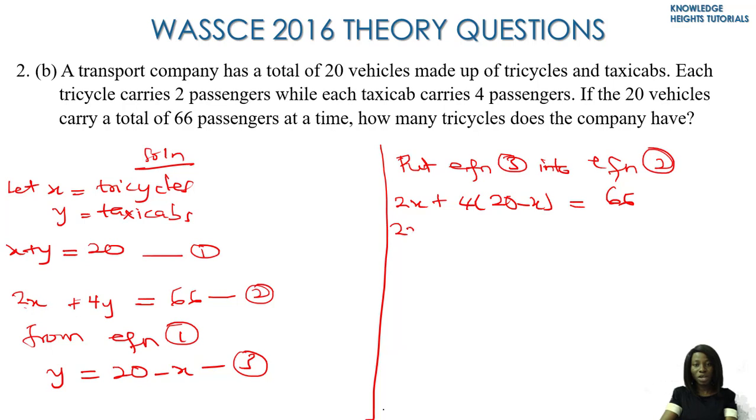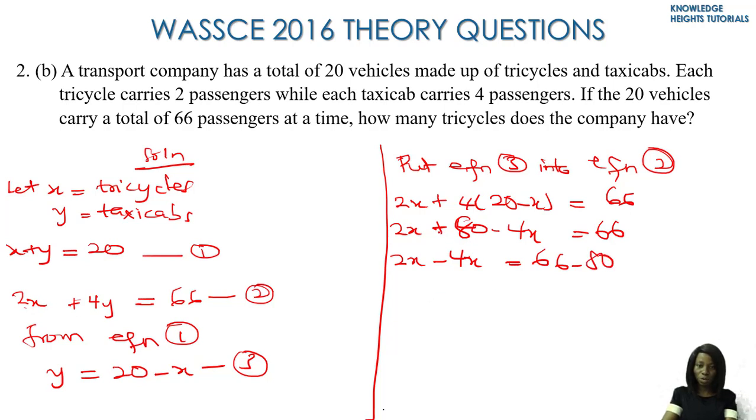Let's expand. So we have 2x plus 4 times 20 will give you 80. 4 times negative x will give us negative 4x, which is equal to 66. Let's group like terms. 2x minus 4x is equal to 66 minus 80. Remember, this was positive and it moved to the other side of the equation, so it becomes a negative here. 2x minus 4x will give us negative 2x, which is equal to 66 minus 80, which is negative 14, right?